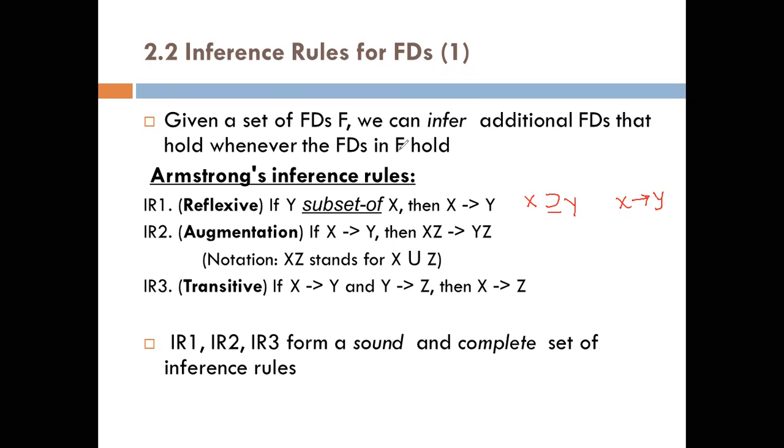Here XZ indicates the union of the sets of attributes X and Z. So if there is a functional dependency which is holding, and we add attributes at both sides, the functional dependency will still hold. If I add a certain set of attributes on both sides, the functional dependency should still hold. This inference rule is called augmentation. That is the second rule.